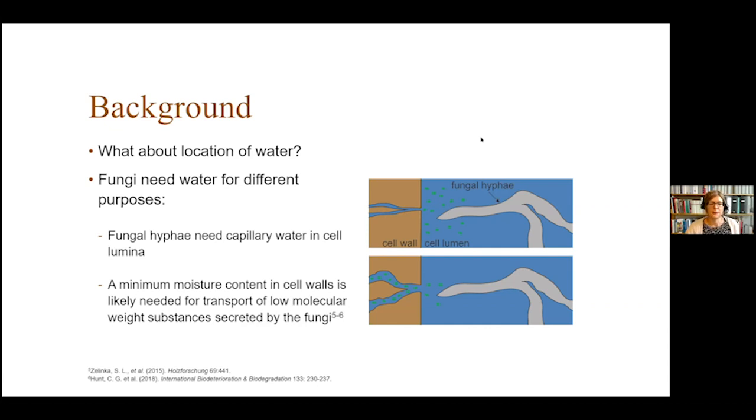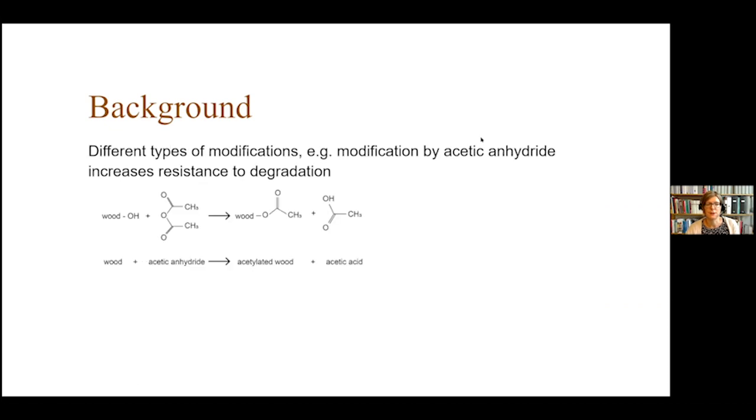So one reasonable strategy to prevent degradation of wood would be to limit the access of water. There are several different types of such modifications, and one of these is modification by acetic anhydride, also called acetylation. This modification is known to significantly increase the resistance to degradation.